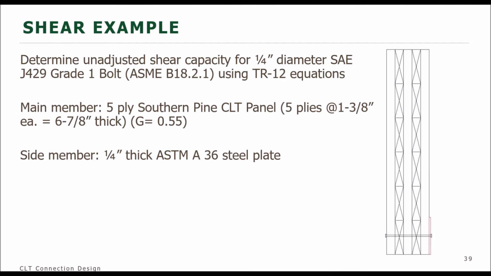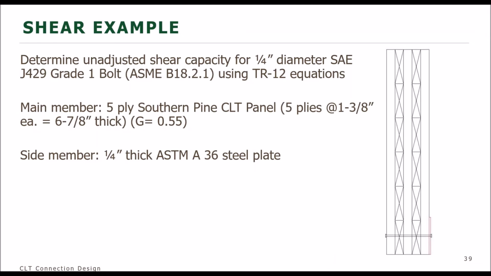So to change it up, instead of using the Chapter 11 NDS yield equations, we're going to use the yield equations from Technical Report 12. This is going to be a bolted connection. The bolt is an SAE J429 grade 1 bolt, and that is in line with the ASME standard.